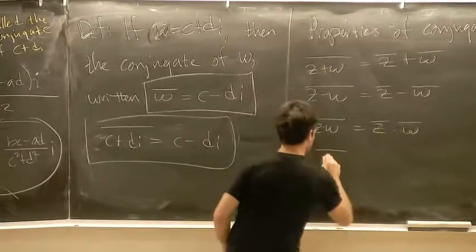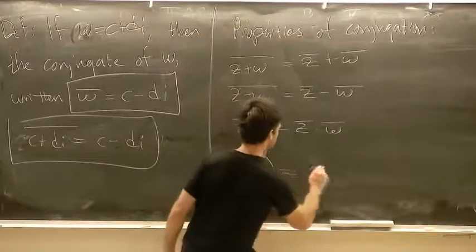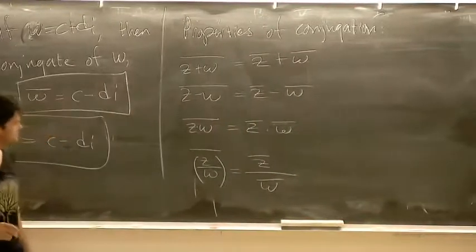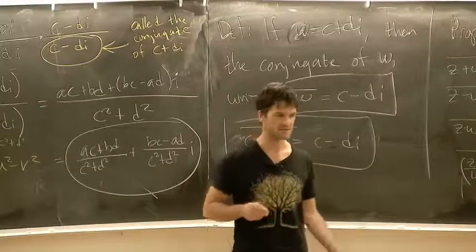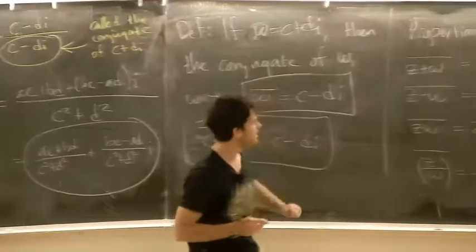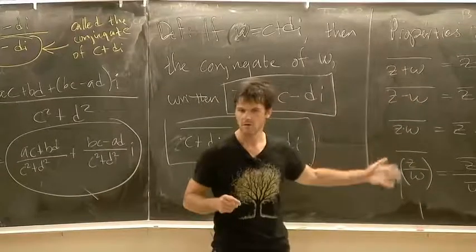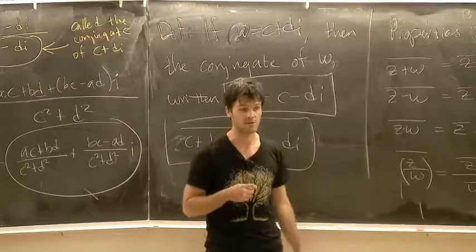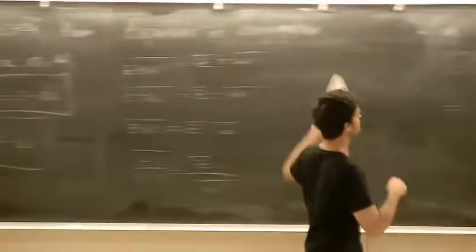The conjugate of the ratio is the ratio of the conjugates. It's all kind of nice, right? In each case, it just does exactly what you would hope it would do. All of these are provable, by the way. I'm not showing you the proofs right now. I encourage you to verify them for yourselves if you're not sure why they're true.